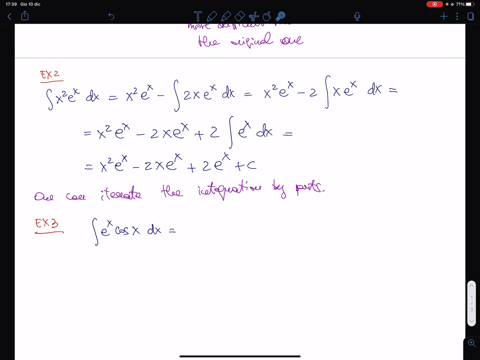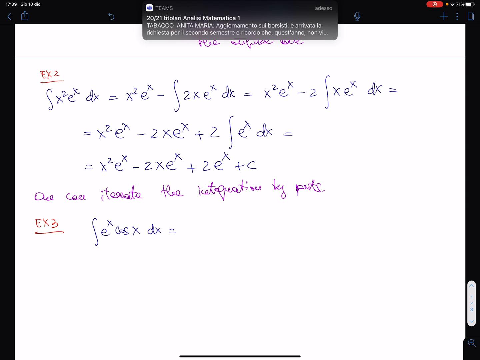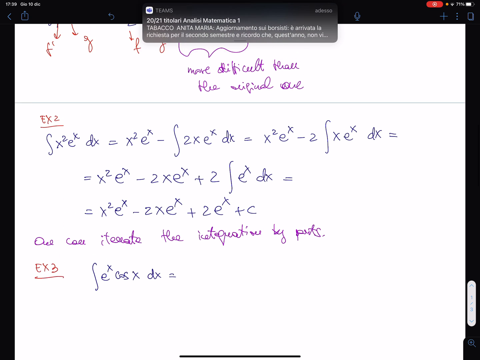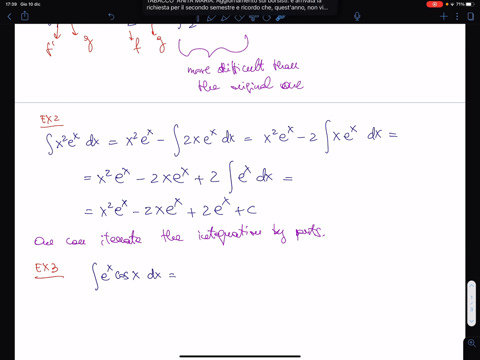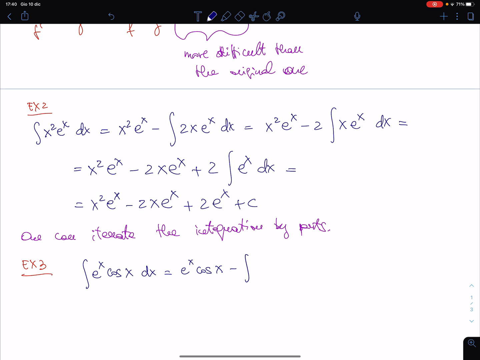First, you can choose to differentiate the cosine, and then here you have e to the x cosine of x, and then minus the integral of e to the x times the derivative of cosine of x, which is minus sine of x.